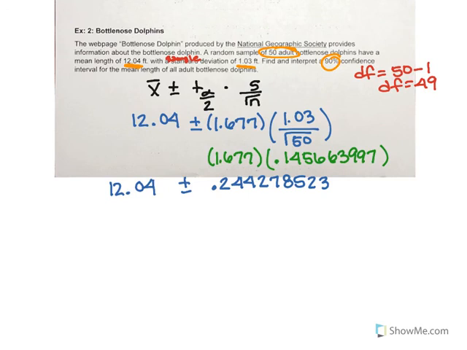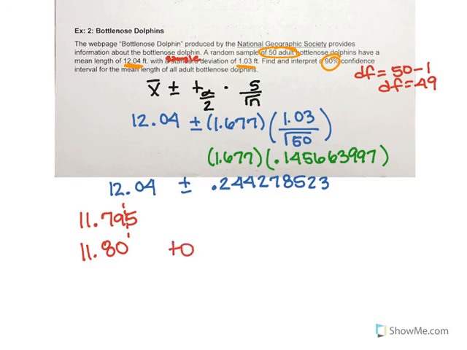So when you subtract that from 12.04 and we're doing 2 decimals, you should get 11.795. I'm going to write that down so y'all can see. That's going to be 11.80. Make sure that 5 makes 9 go up to 80.